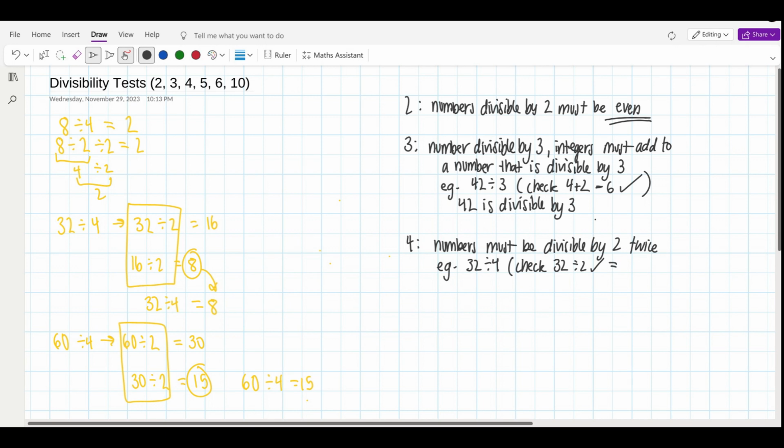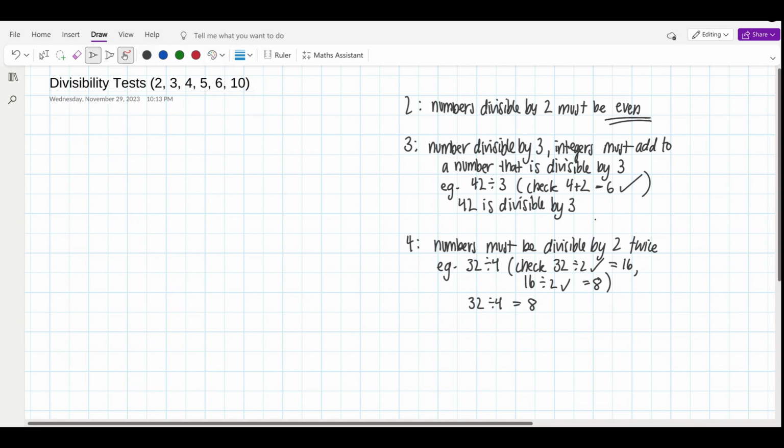The answer is 16. And then we need to check 16 divided by 2 also works, which gives us 8. And we therefore know that 32 is divisible by 4 and will in fact give us 8.